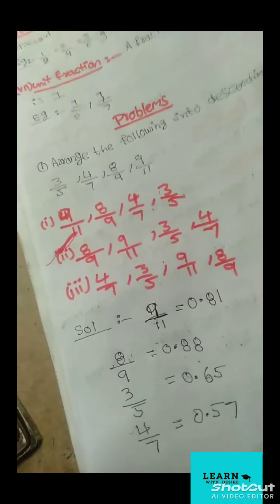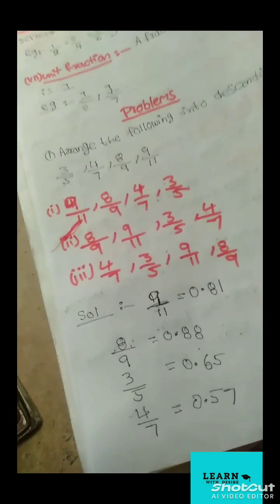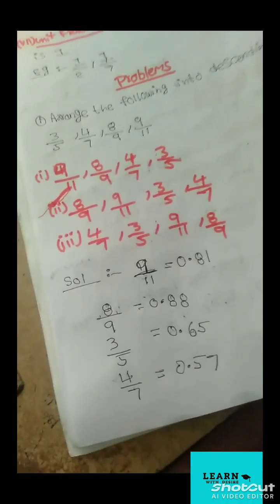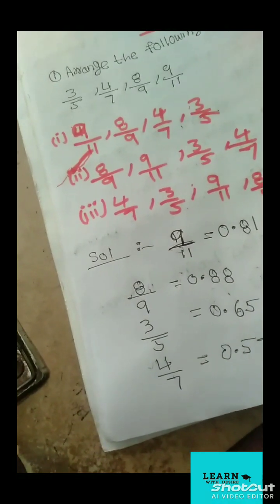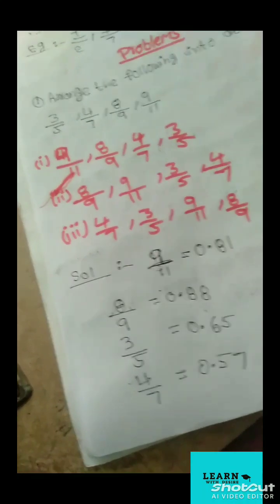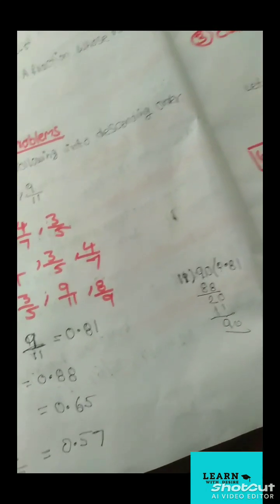Why the second one is correct: for the solution, we have to divide the numerator by the denominator of each fraction. Here you can see the example. I take the first fraction, that is 9 by 11. I divide the numerator by the denominator and get the value 0.81.